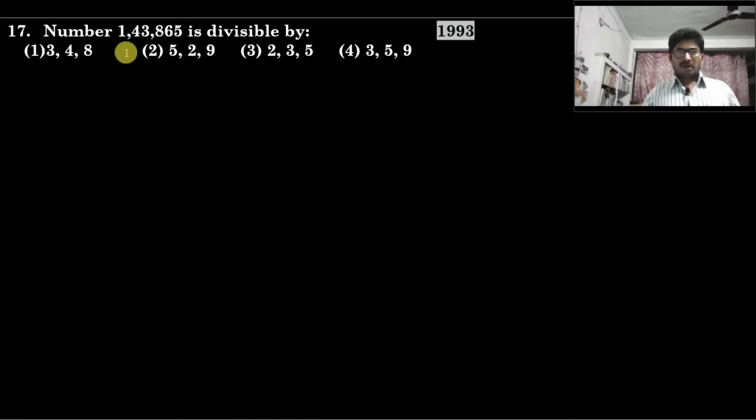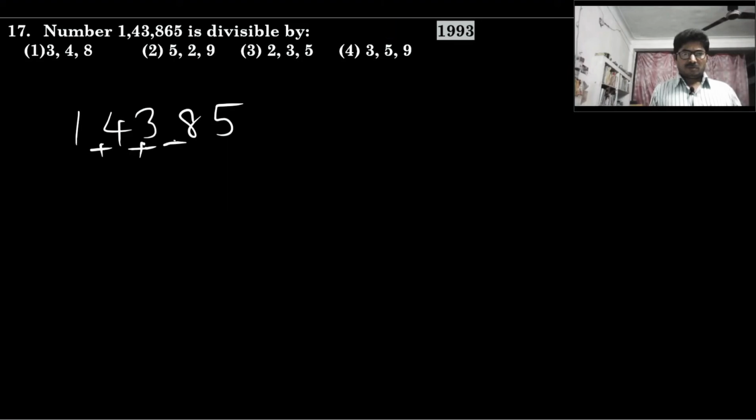Question 17: the number 143,865 is divisible by which? First we have to check with 3. 1 plus 4, 5, 8, 16, 21. So it is divisible by 3.